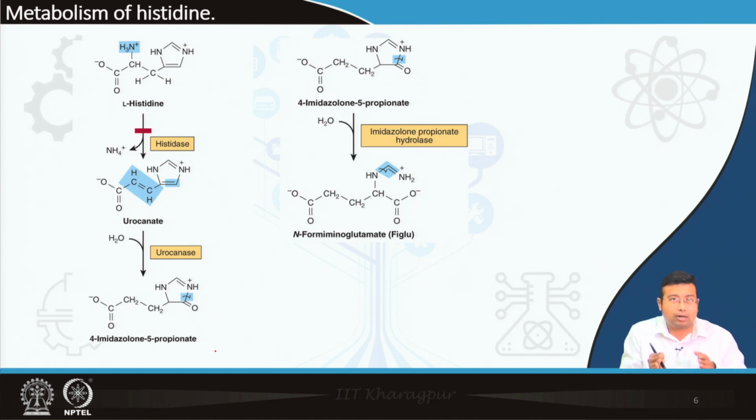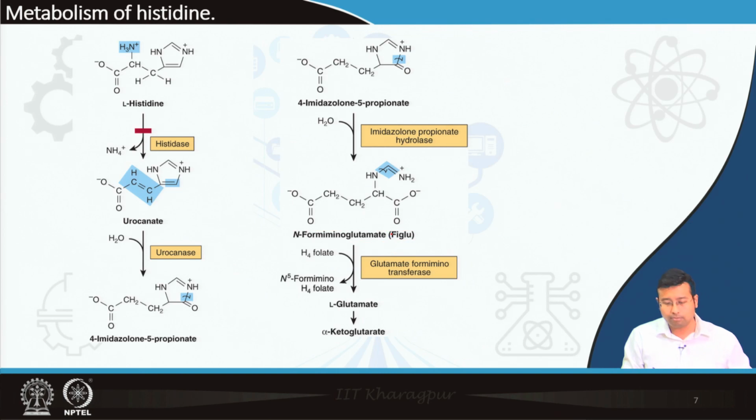What do hydrolases do? They break down the molecule by incorporating a water molecule. On action of a hydrolase, it forms formiminoglutamate or N-formiminoglutamate, the most important intermediate of histidine metabolism, which is also abbreviated as FIGLU, F-I-G-L-U.